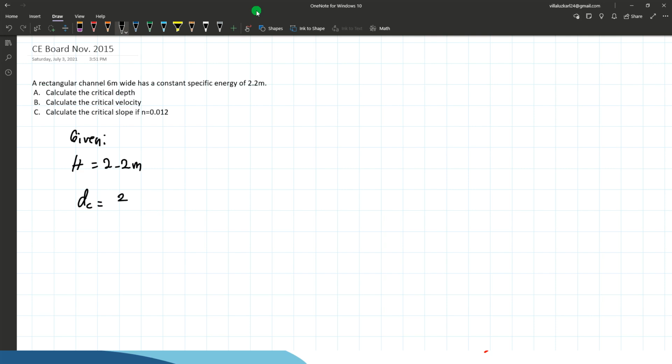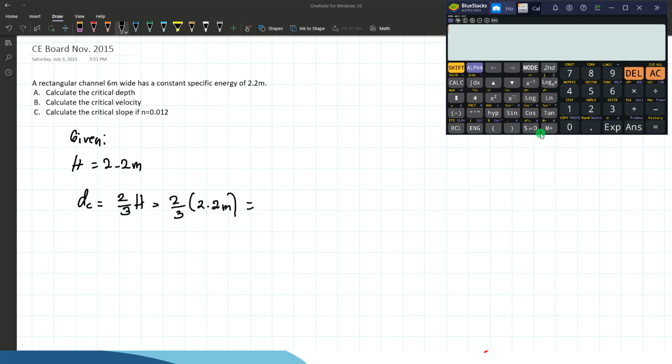The critical depth is 2/3 of h, or you can use E for the specific energy, 2/3 times 2.2 meters. So the critical depth is 1.467. That's for letter A.